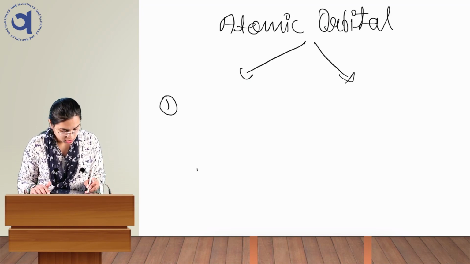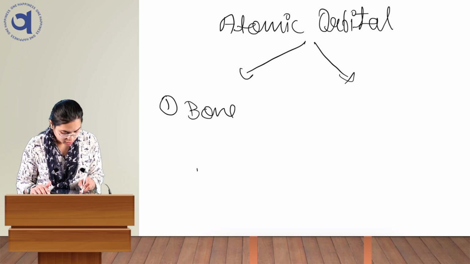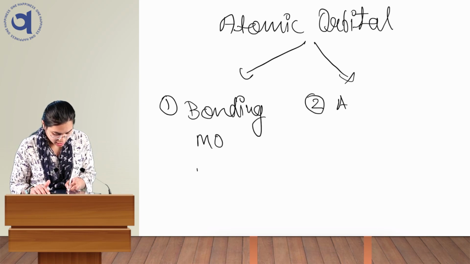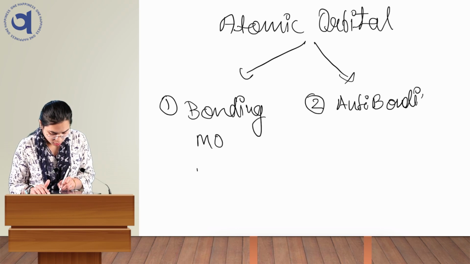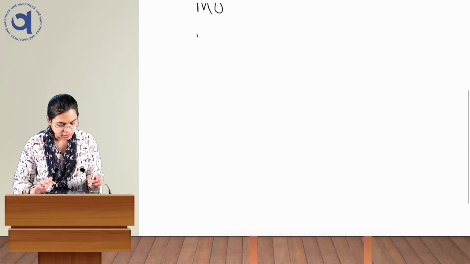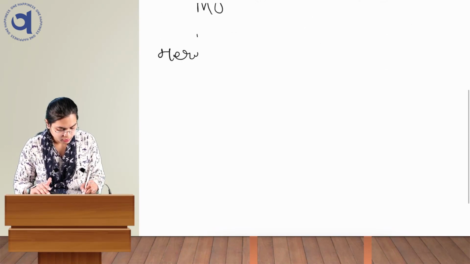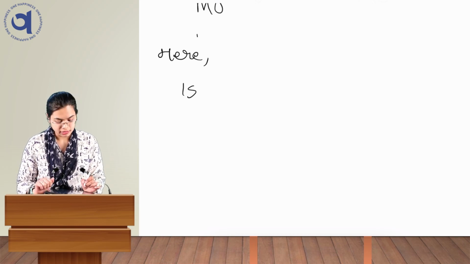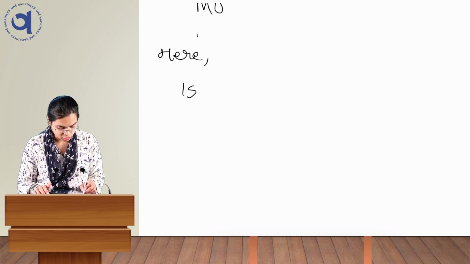The first is the bonding molecular orbital, and the second one is the anti-bonding molecular orbital. Right. Here the 1s forms two molecular orbitals.